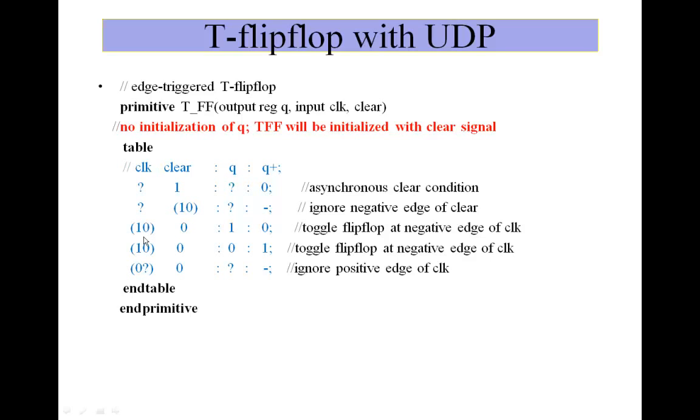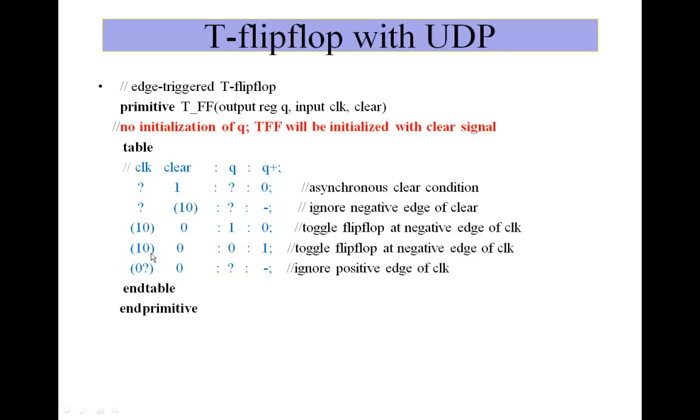Now the clock transition is taking place from 1 to 0. This is a negative edge. If you look at your design, this T flip-flop is working for negative edge. So when a 1 to 0 transition takes place, that is negative edge, when clear is not there, if the current state is 1, then next state will be 0. It toggles. T flip-flop behavior is, if current state 1, next state will be 0. If current state 0, next state will be 1. It toggles.